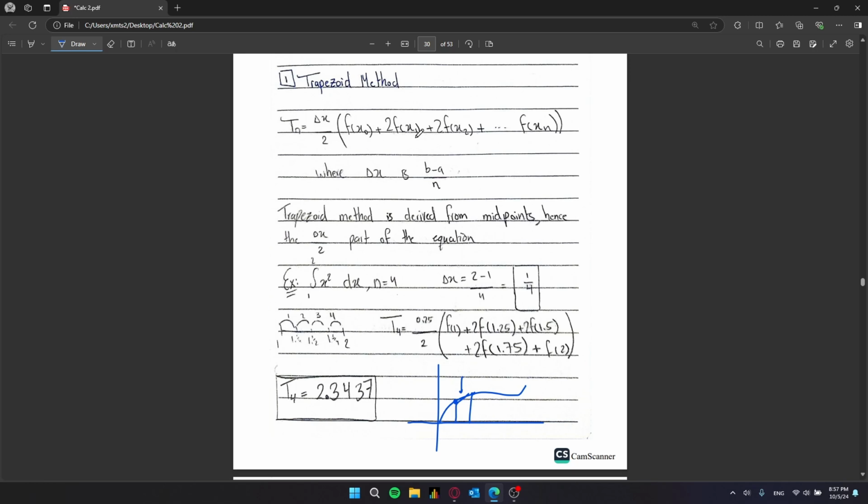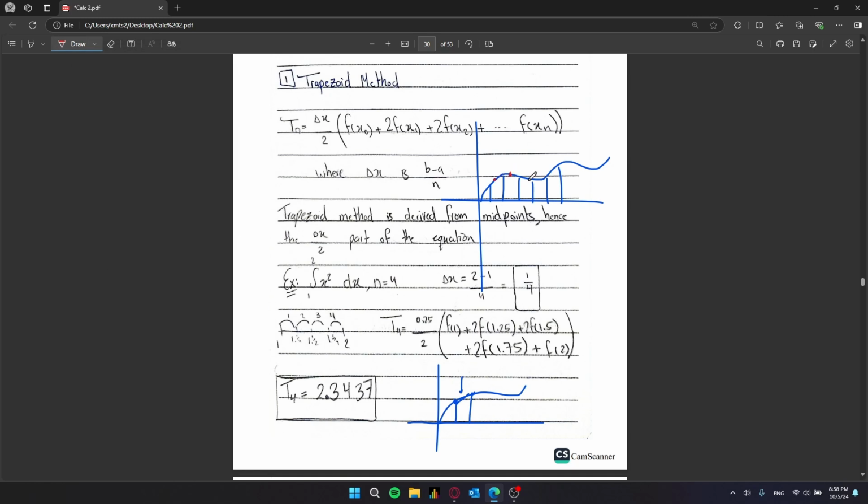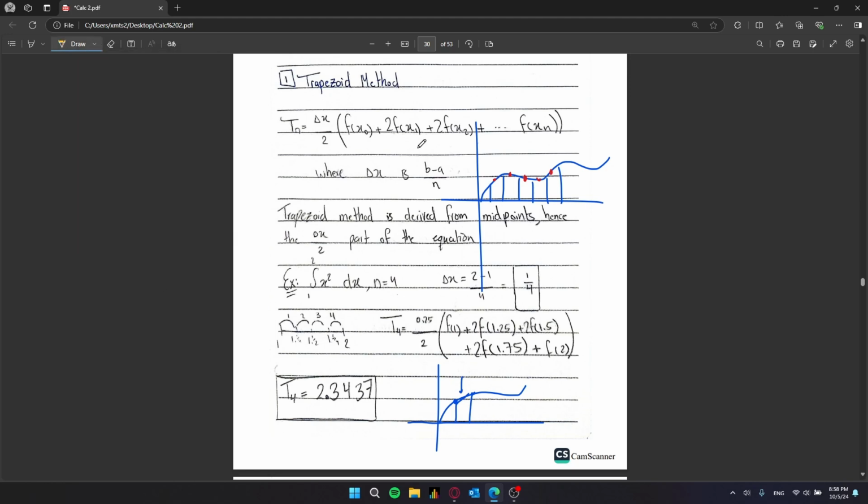So if you visualize it, when you have a function and you are dividing it into lots of midpoints, let's use these colors: midpoint 1, midpoint 2, midpoint 3, 4, 5. And let's use yellow to visualize why we have the formula of 1, 2, 2, 2, 2, 2, 2, 1.